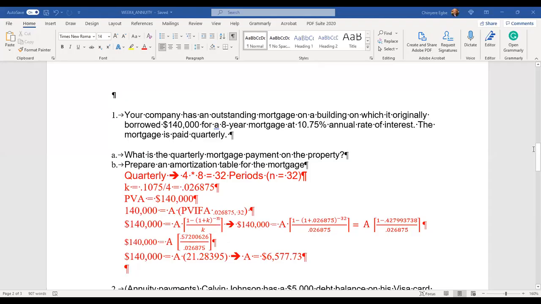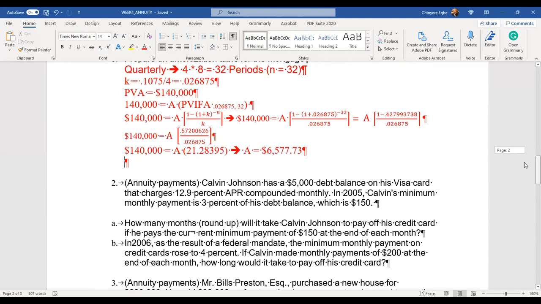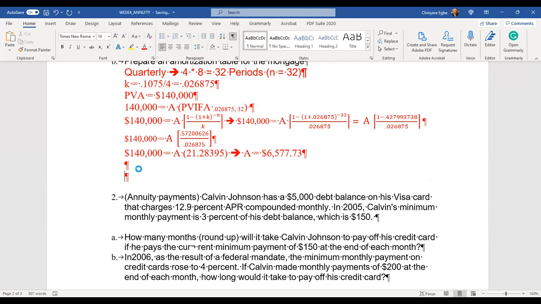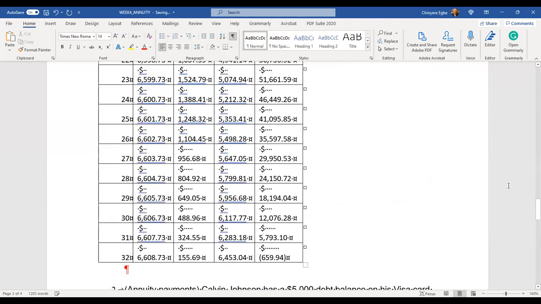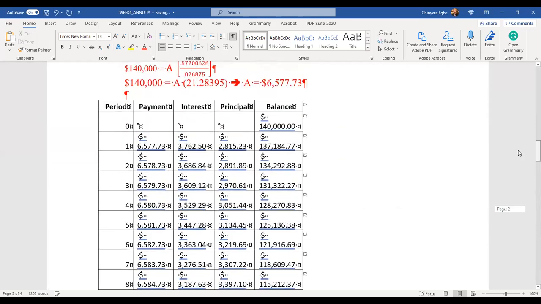We can now take this and paste it. And I want to see that table. This is not hard to do.